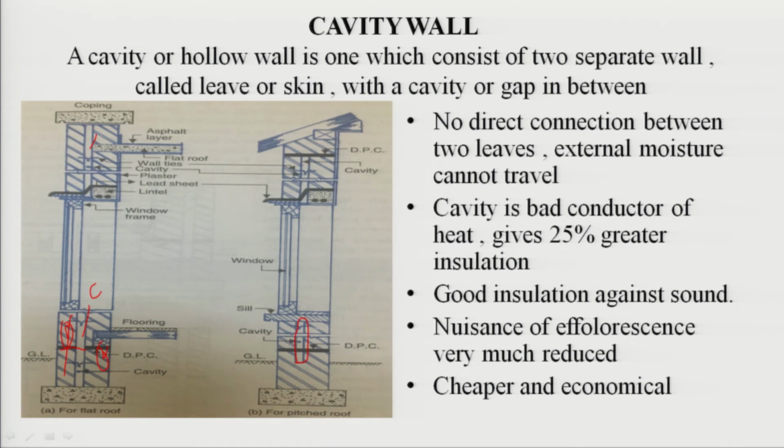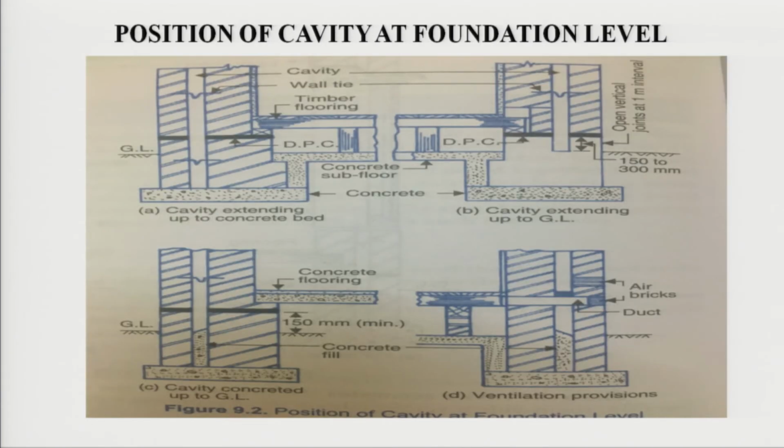We can see here the position of the cavity at foundation level. There are 4 examples here. One is the cavity extending up to the concrete bed. This is the concrete bed and the cavity is extended up to this level. DPC is of course put above the ground level. Second condition is the cavity extended up to ground level.